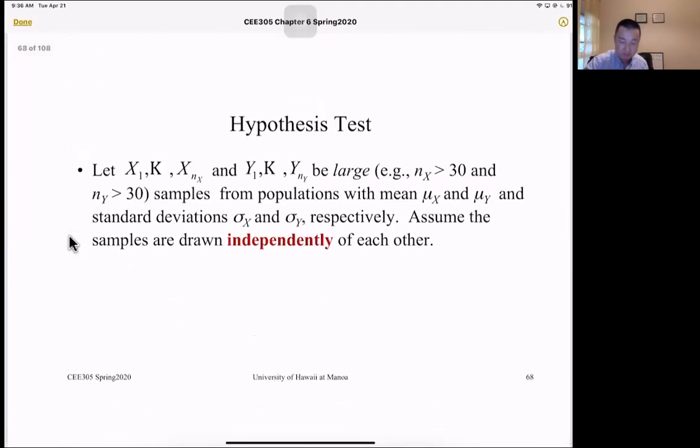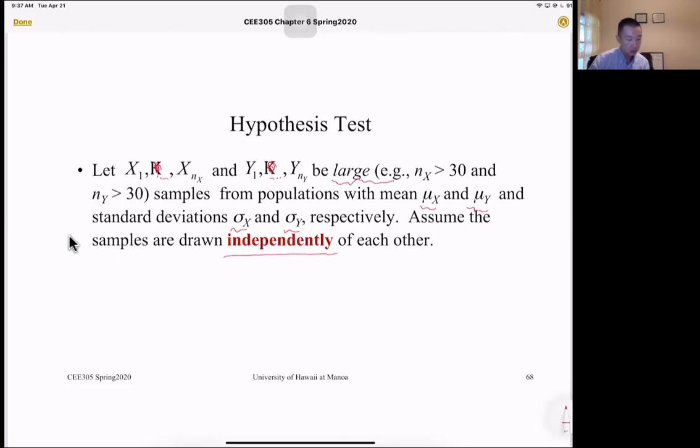And here is the setup. If x1, x2, ..., xn are one sample and y1, y2, ..., yn another sample from another population, and the sample size is large, that's the condition. And if they are coming from populations with mean values mu x and mu y, and standard deviations sigma x and sigma y, and these two populations are independent of each other.